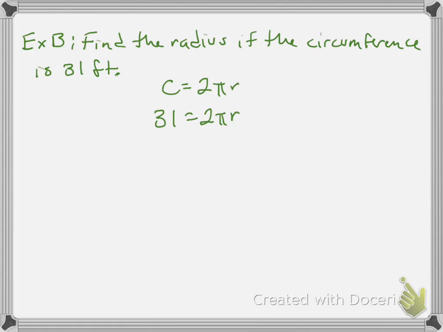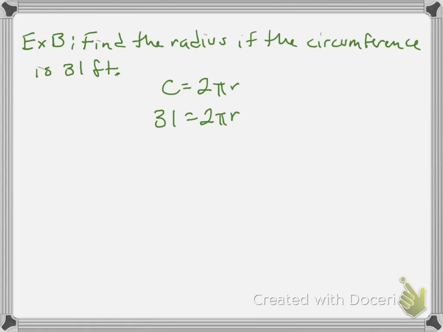The 2, the pi, and the r are all multiplied to each other. So we need to undo the multiplication, and you undo multiplication by dividing. Since they're all attached through multiplication, we can undo multiple things at once using division.